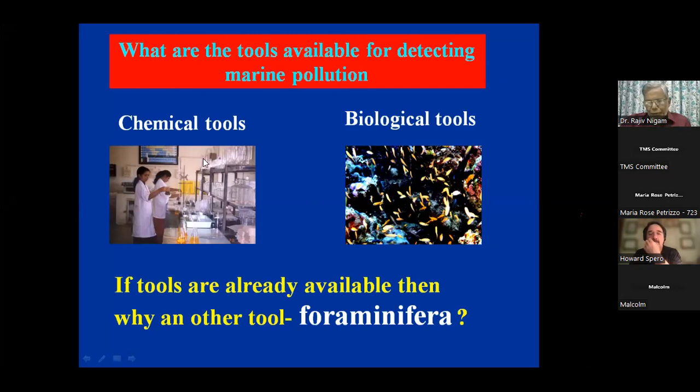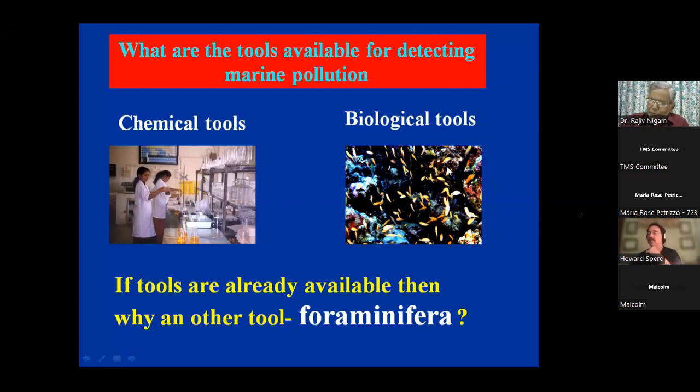Two types of tools are available, and they are easy ones. Normally people use the biological tool, the fishes. They take the effluent, put the fishes there and see how they react. But friends, when the pollution is able to kill the fishes, it means it has reached an irreparable level. What is the fun of telling now it is pollution when everything is dead?